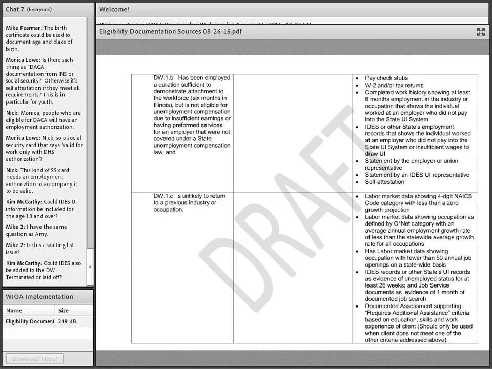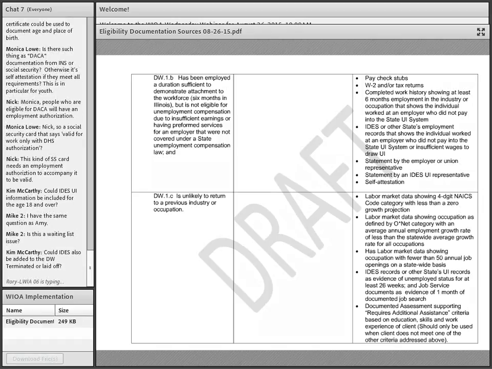Also, under that same criteria is the spouse of a veteran who is unemployed or underemployed and experiencing difficulty getting a job. So just being the spouse of a veteran, if they're having a hard time getting a job, they can be certified as a dislocated worker under this new criteria. Don't confuse this with the qualified spouse for priority of service, because that's a totally different animal.